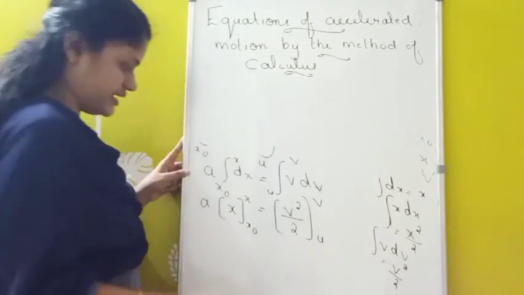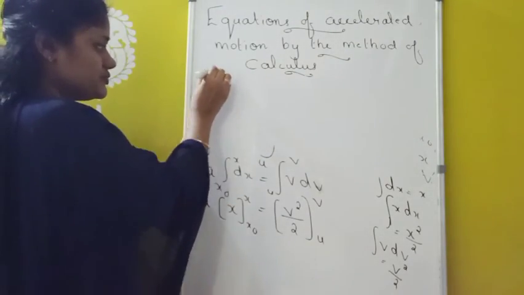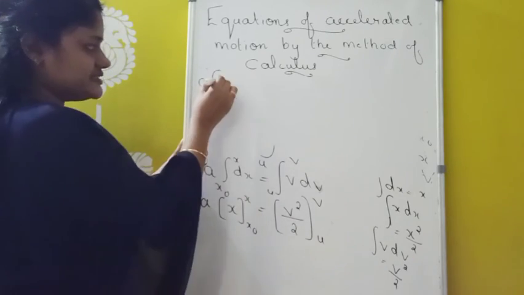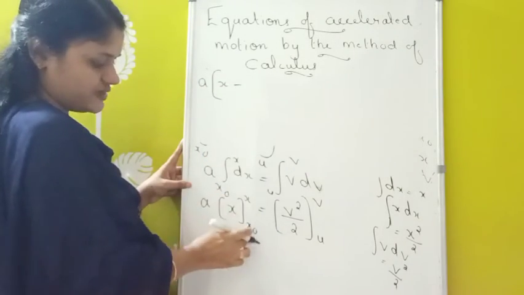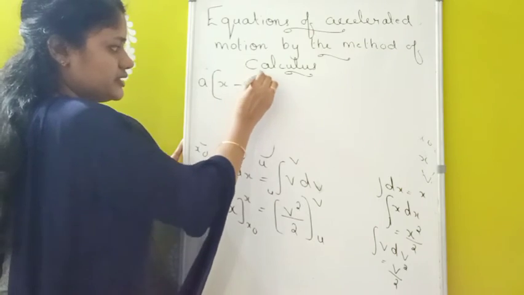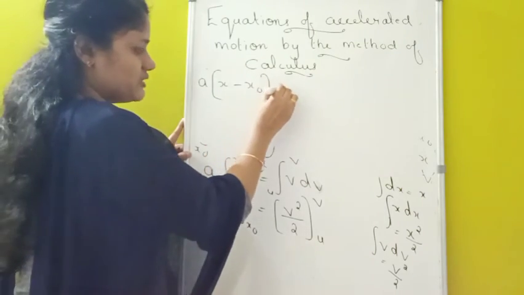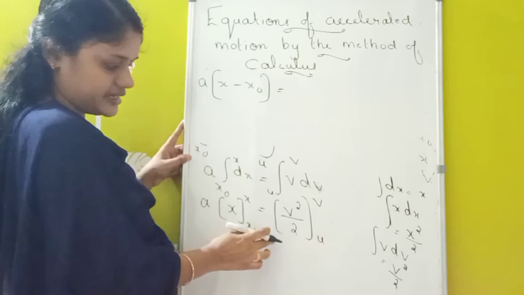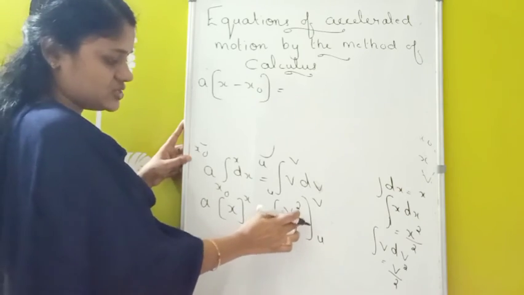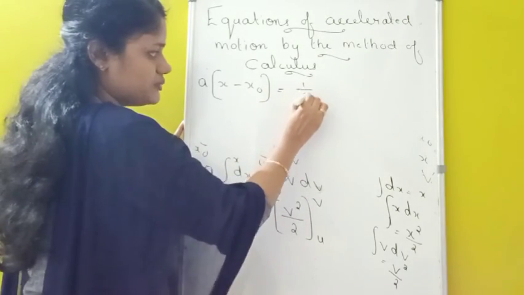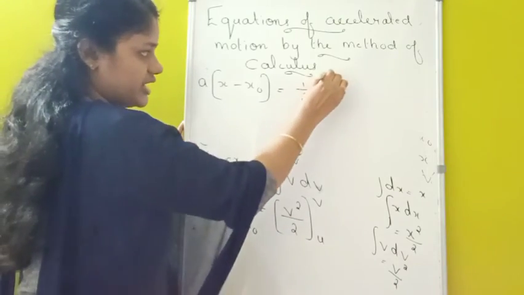On the left hand side we have a into, upper limit x minus lower limit x0, x minus x0, and that is equivalent to, this constant 1 by 2 can be taken outside. So 1 by 2 into the remaining v square.